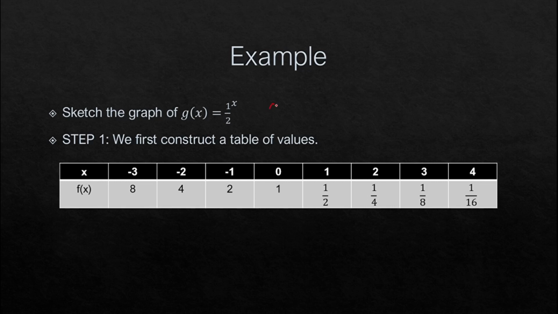So, g of negative 3 equals to 1 half raised to the power of negative 3. So, that will be equal to 8. Gawin nyo lang to for many values of x, para marami ng points ang makuha nyo.